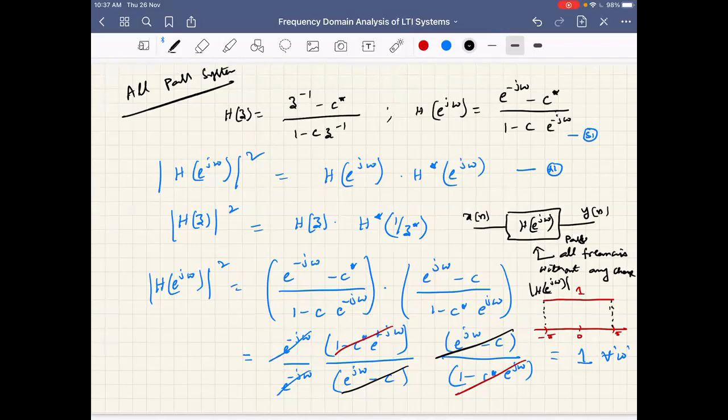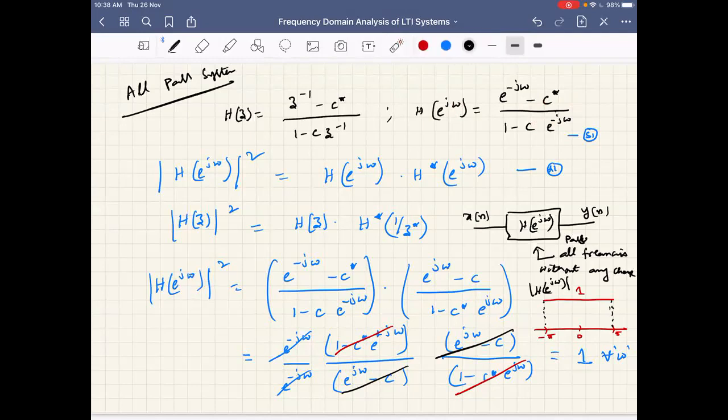Now we will have a small discussion on the phase response as well. When we consider frequency response, there are two terms: one is the magnitude response and the other is the phase response.